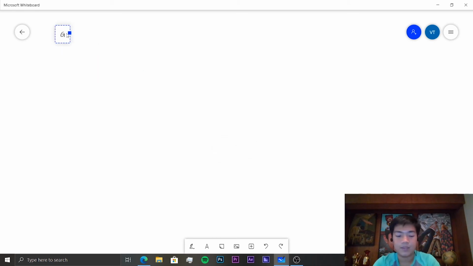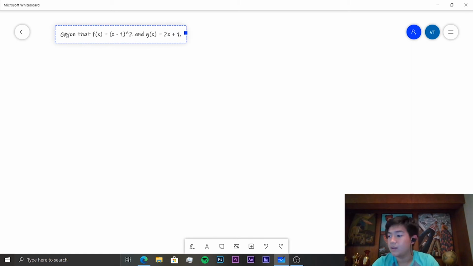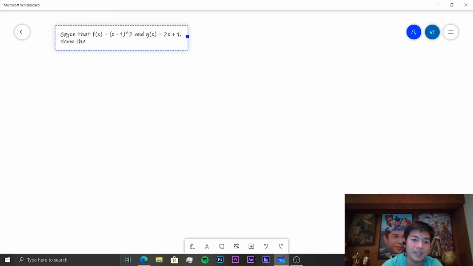Given that f of x is equal to x minus 1 squared, and g of x is equal to 2x plus 1, show that the composite, let me write this out.